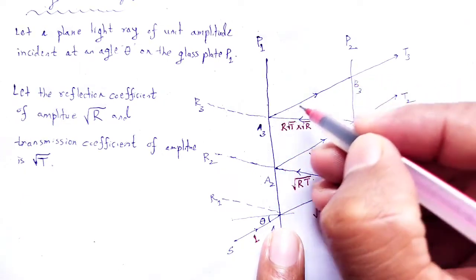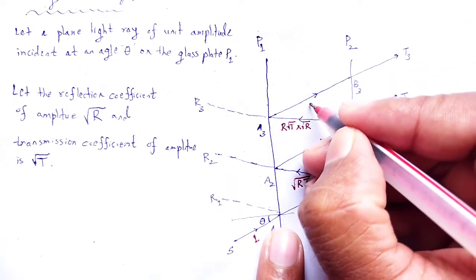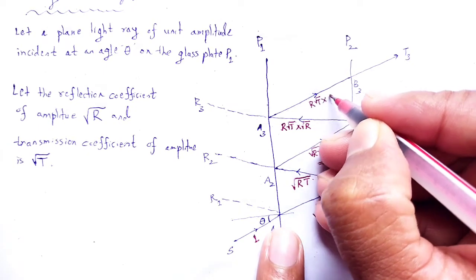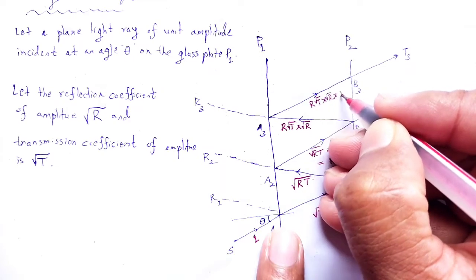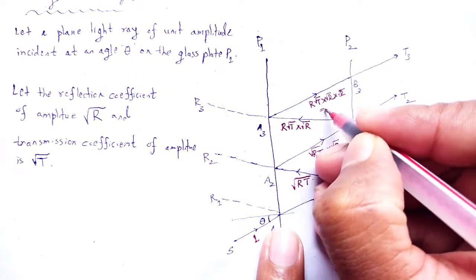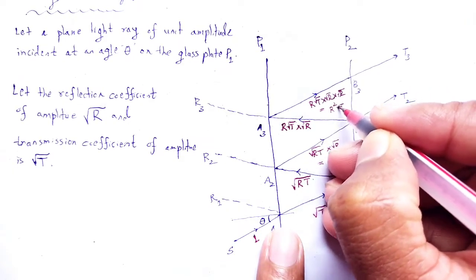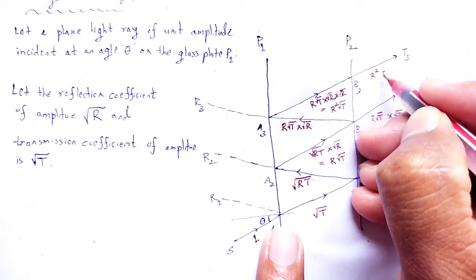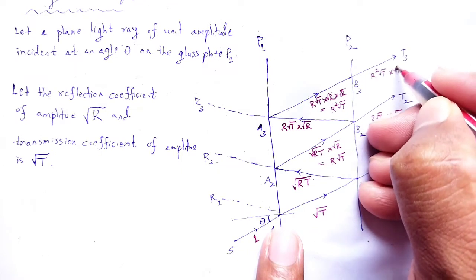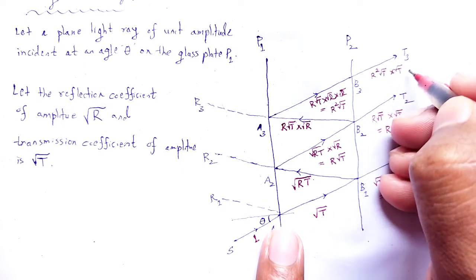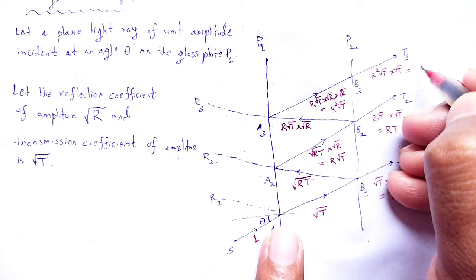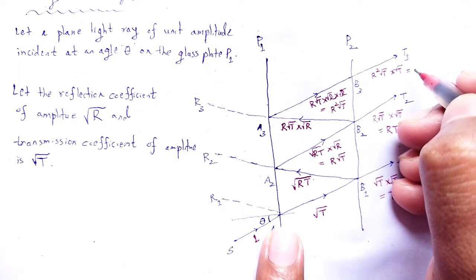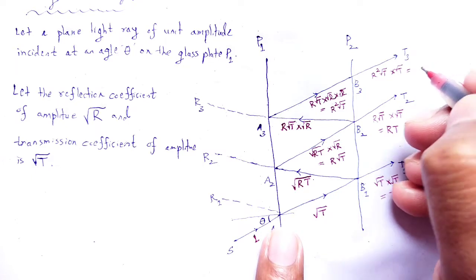Next, for that purpose we have r under root of t into under root of r into under root of r, it will be r square under root of t. Here r square under root of t into under root of t, which is equal to r square t.